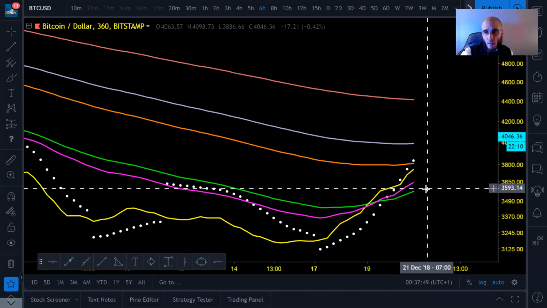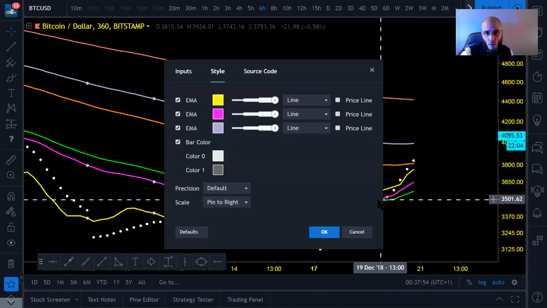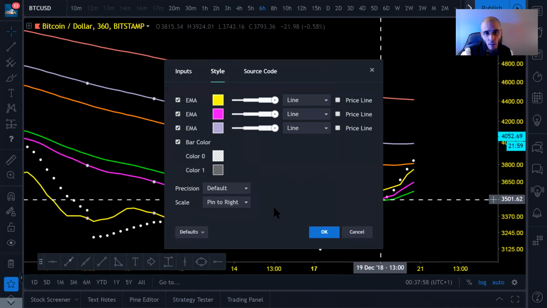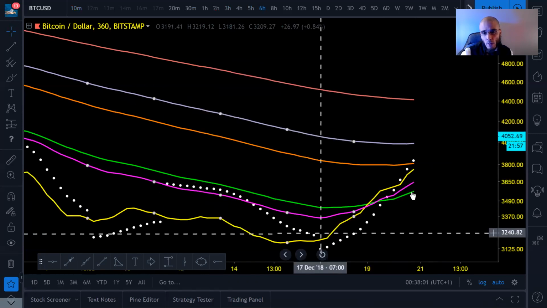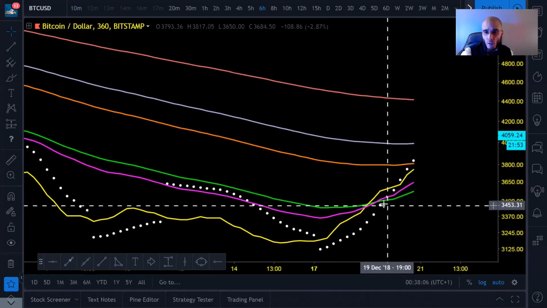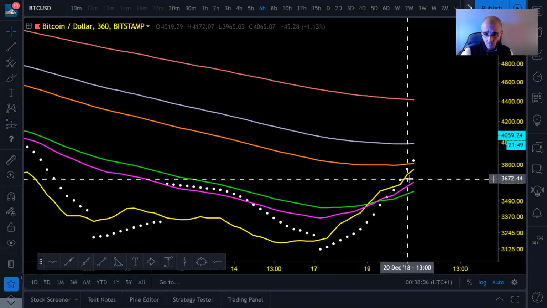The 7 is not that important for a golden cross. But here between the 50 and the, I think it's the 30. Let's see if it's the 30. Yeah, it's the 30, and the other one is the 50. Yes, between the 50 and the 30, you had a golden cross here, and that helps.